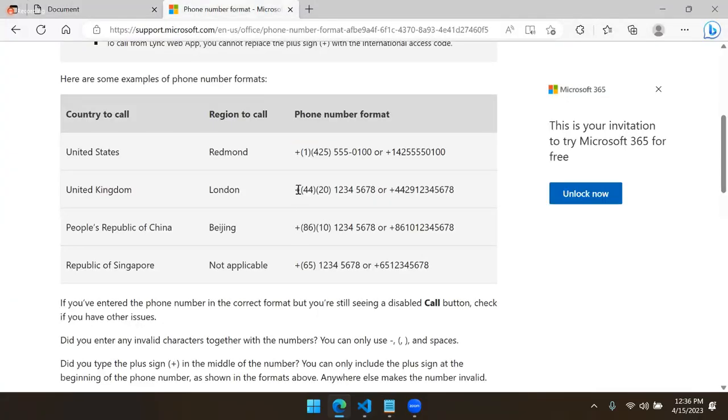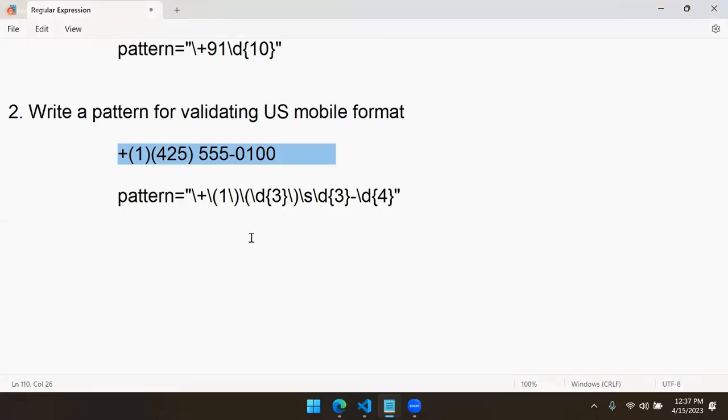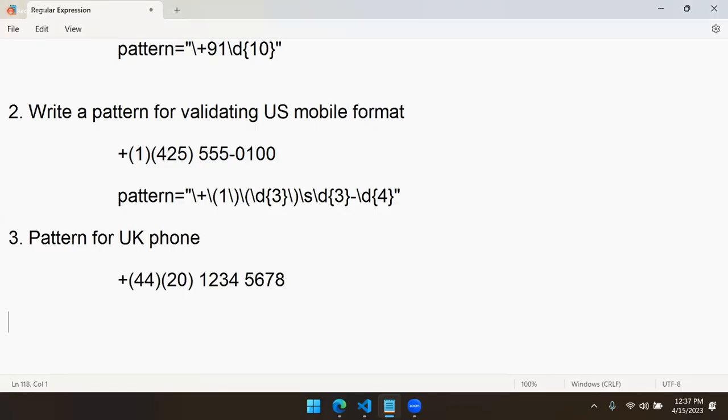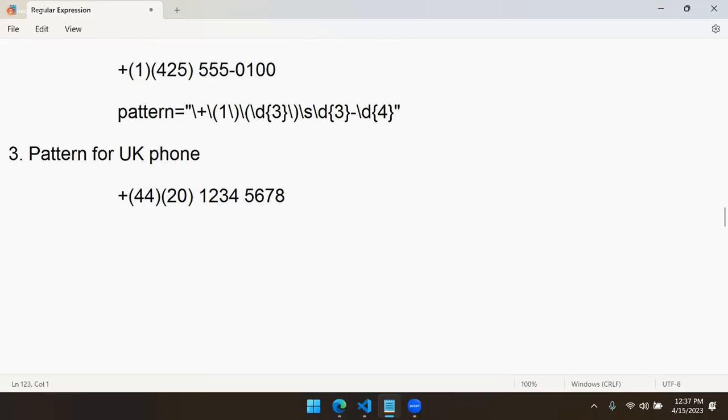So this is United Kingdom. This is the UK phone format. So write the pattern for the UK phone. You can write it easily now. So it is plus 44, compulsory.